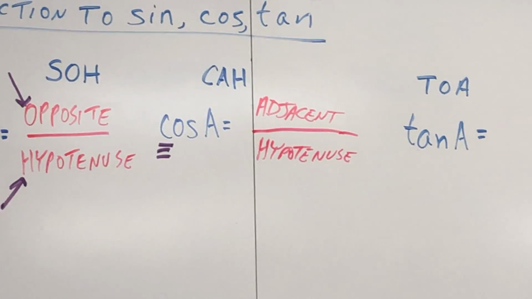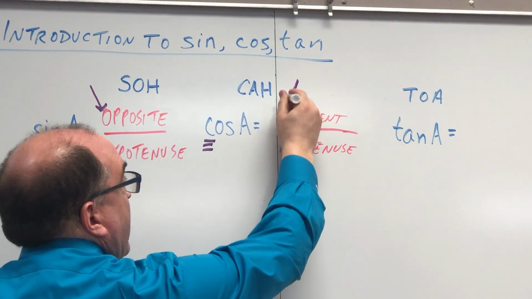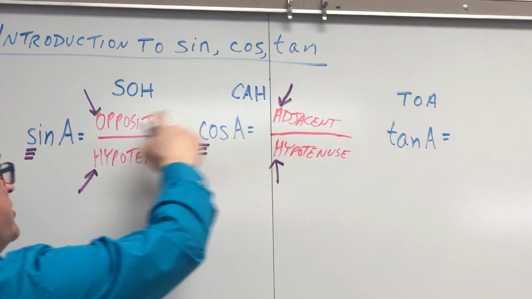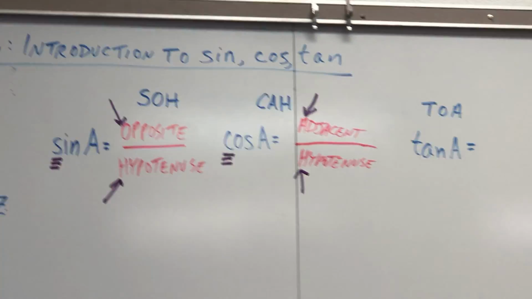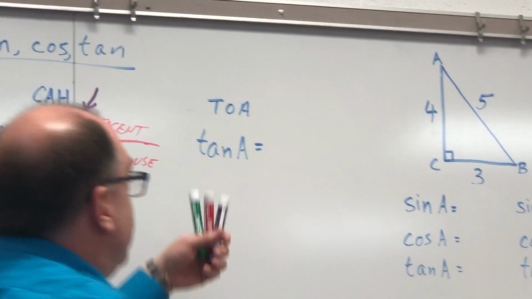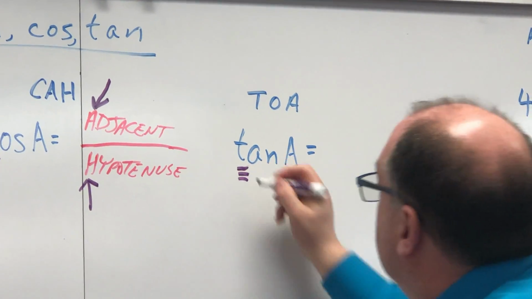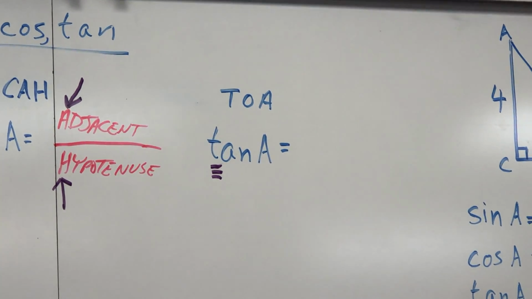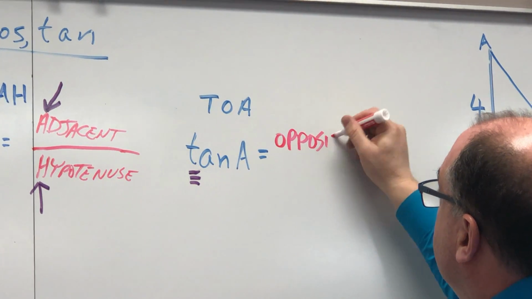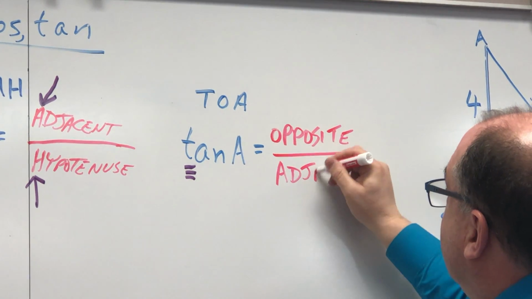C is A over H. Cah. Toa: tan, T, tan is opposite over adjacent.